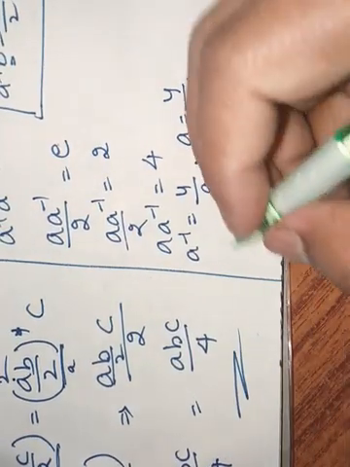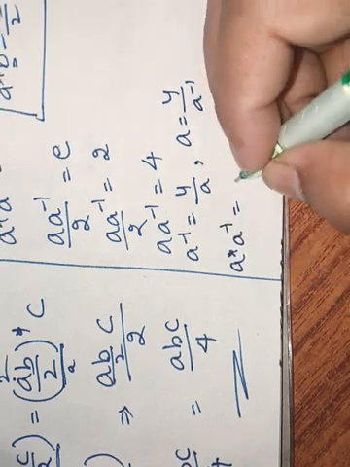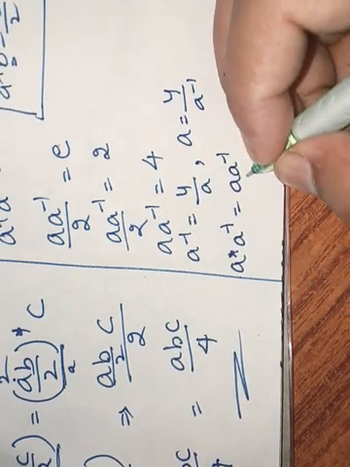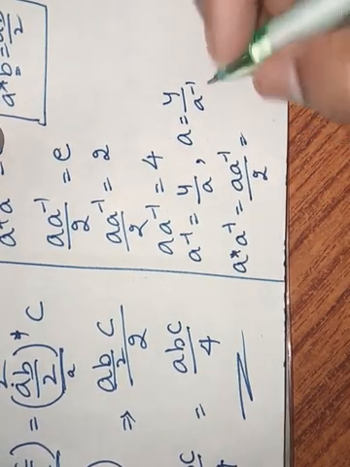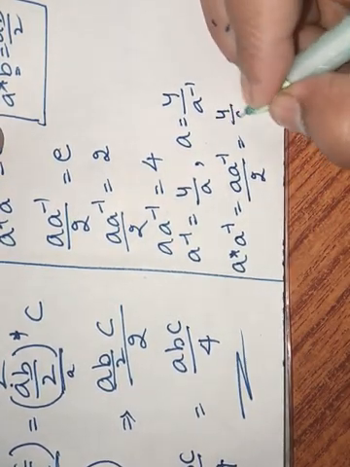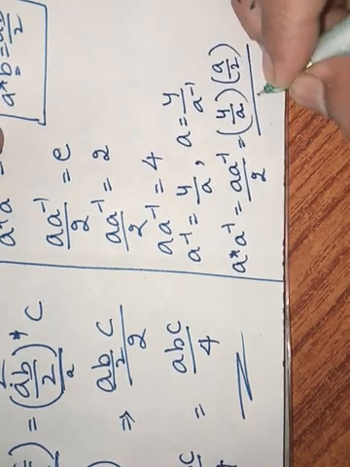Now substituting these values, A star A inverse is equal to A times A inverse by 2, substitute any one value. I am substituting A by 2 times 4 by A, divided by 2.